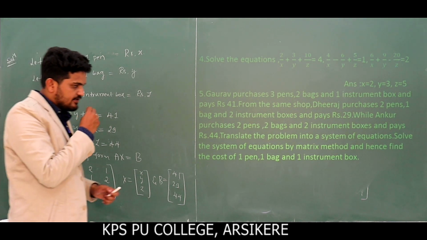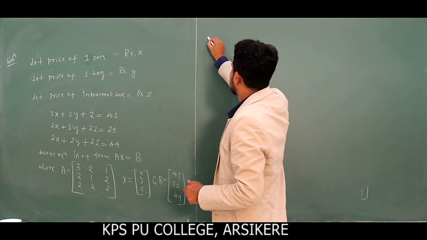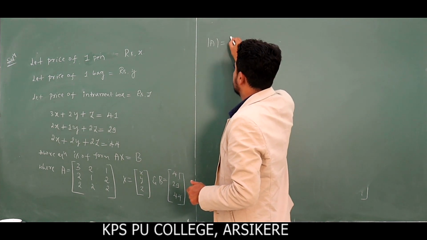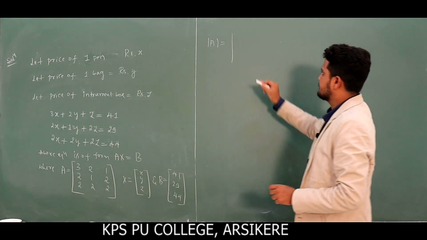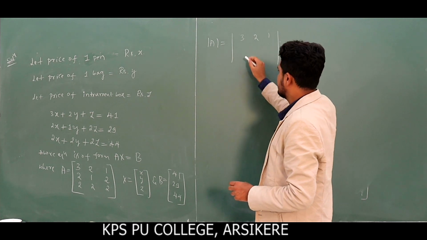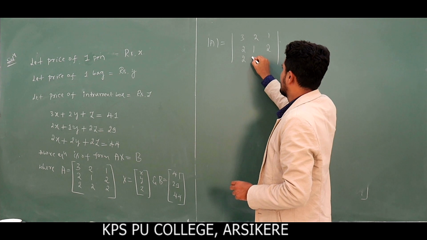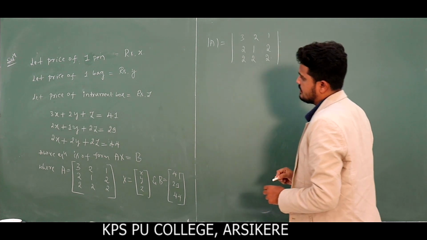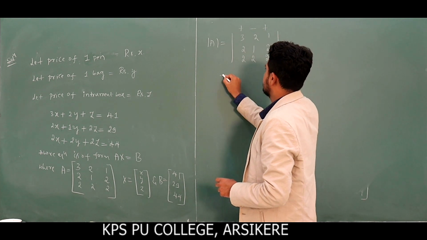Next we have to find the determinant of A. Given matrix: 3, 2, 1; 2, 1, 2; 2, 2, 2. Signs plus, minus, plus.